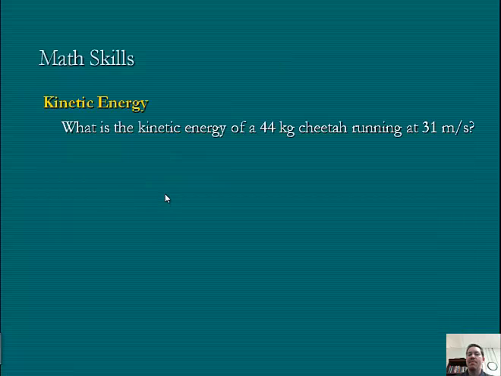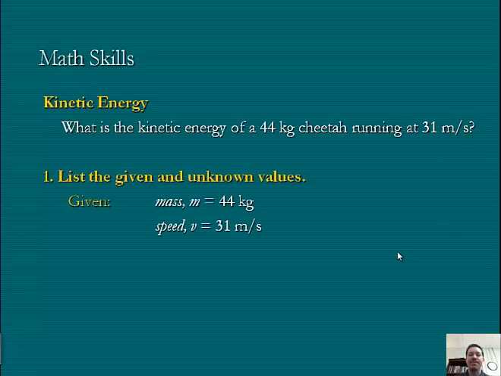Alright, so looking at a math skill problem here, what is the kinetic energy of a 44 kilogram cheetah running at 31 meters per second? Again, we want our mass in kilograms and velocity or speed in meters per second. So list our givens. Our mass is 44 kilograms, speed is 31 meters per second, and we want kinetic energy in joules.